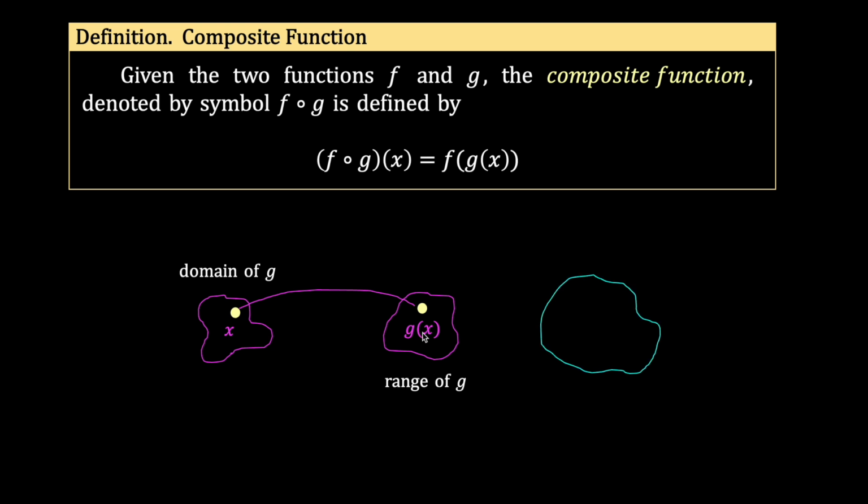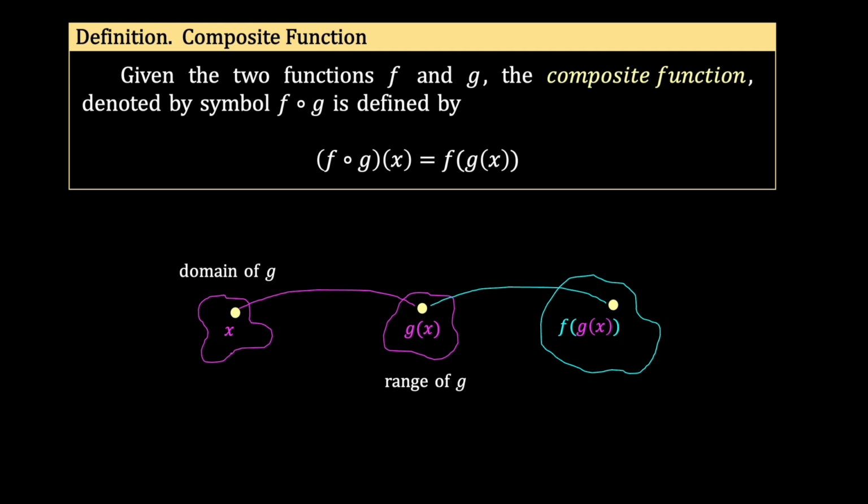So let us have another closed region labeled as blue, once again for some purpose. So at this time, g of x is the one who will now travel to this position, and by the time it arrives at the blue region, this will now be called f of g of x.